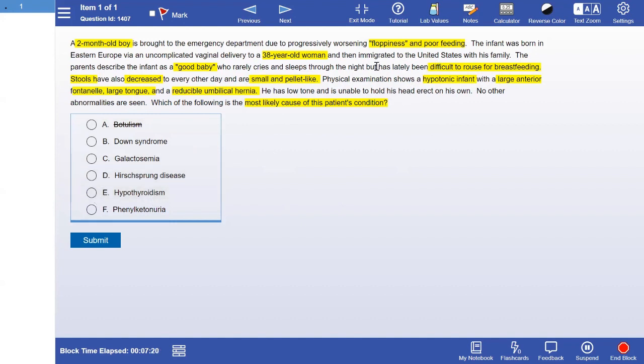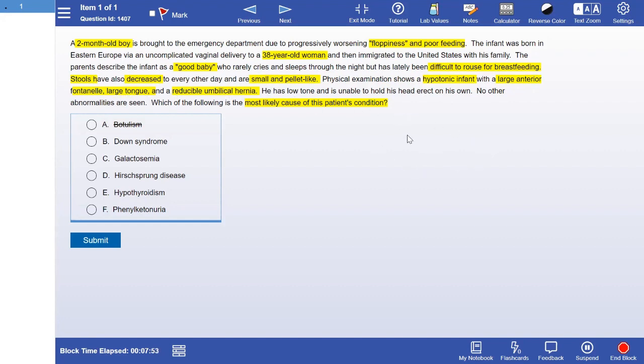Because here the patient was a good baby initially because the maternal thyroid hormones were acting, but later, due to the maternal thyroid hormone suppressing the hormonal release in the child through negative feedback, the patient started showing symptoms of constipation, small parrot-like stools. The patient became hypotonic, and the patient has typical features of congenital hypothyroidism like the large anterior fontanelle, large tongue, and a reducible umbilical hernia.